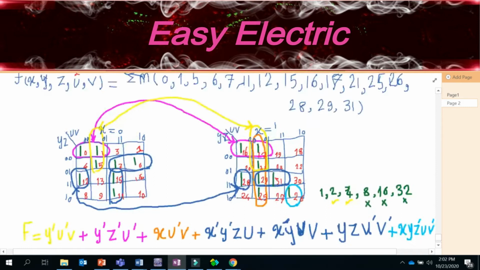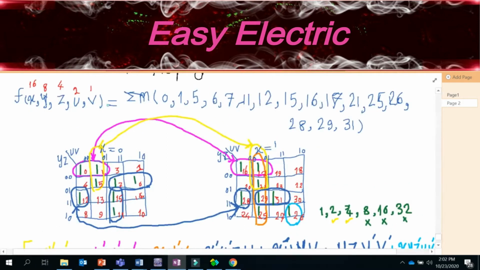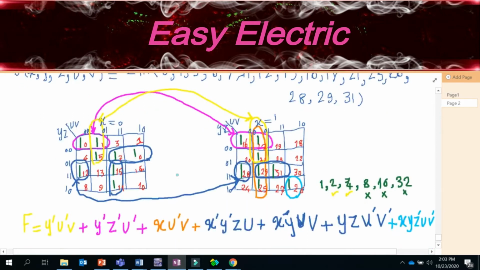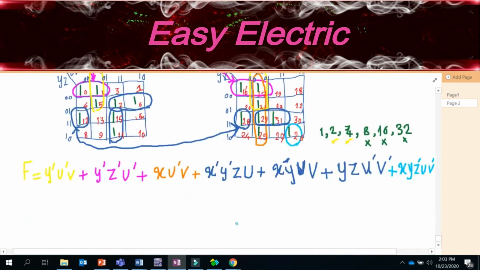Usually the function was in the form of sigma minterm. So today we want to see, if your function is in the form of product of the maxterm, how you could simplify the function, and what the final simplest form should be.